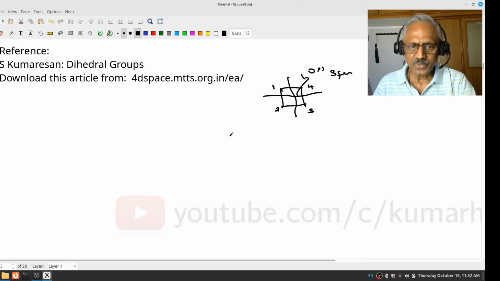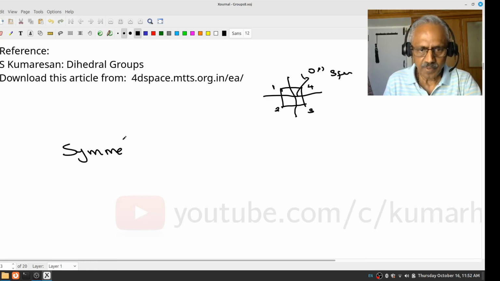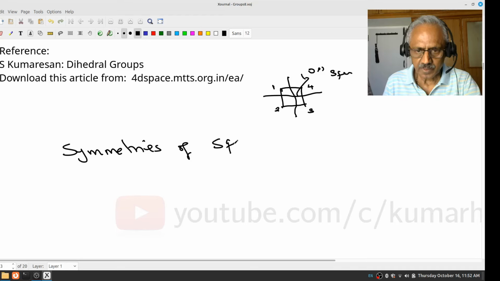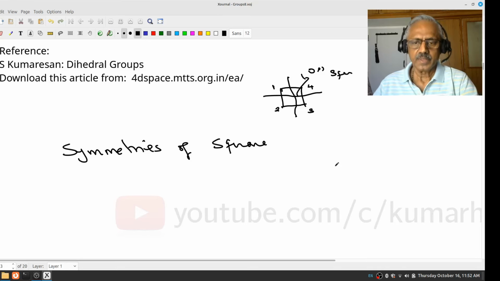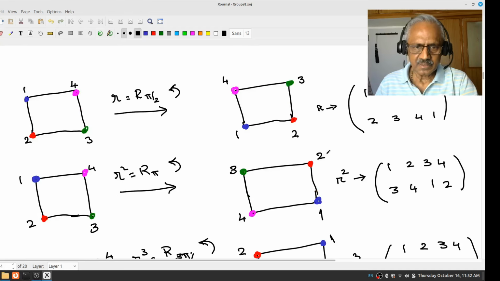What we want to do is study the symmetries of the square. What does it mean? I am going to rotate the square by 90 degrees, that is pi by 2.